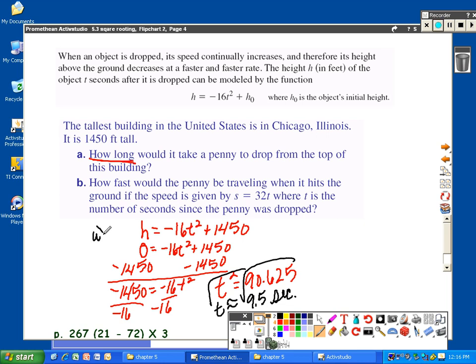Part B says, how fast will the penny be traveling when it hits the ground if the speed is given by S equals 32t, where t is the number of seconds since the penny was dropped.